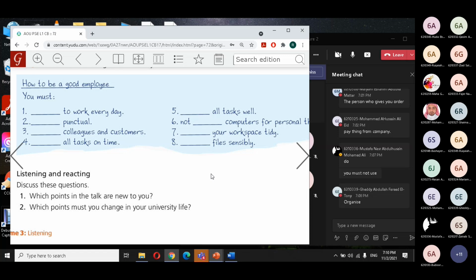You must do all tasks well. You must not use computer for personal things. You must keep your workspace tidy. And number 8, you must organize files sensibly. Sensibly means in a good way. And we said we have 2 ways, either alphabetically or chronologically.